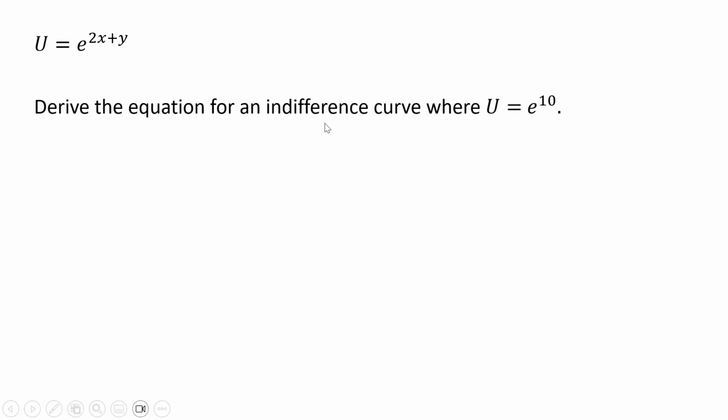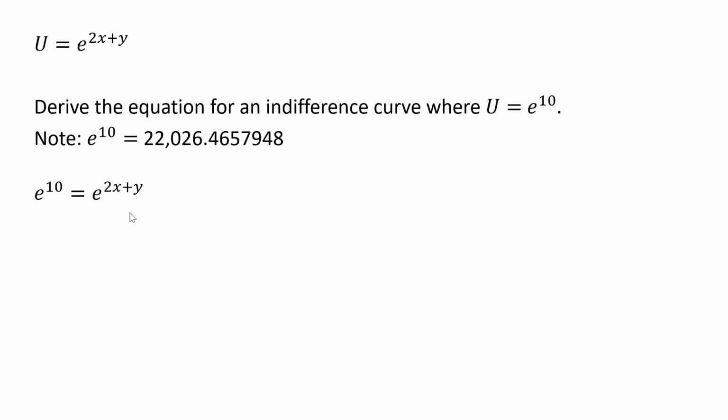Let's derive the equation for an indifference curve. Let's set utility equal to e raised to the power of 10. So setting utility equal to e raised to the power of 10, we're going to find various combinations of x and y that give the consumer a constant level of utility, which is roughly equal to about 22,000.